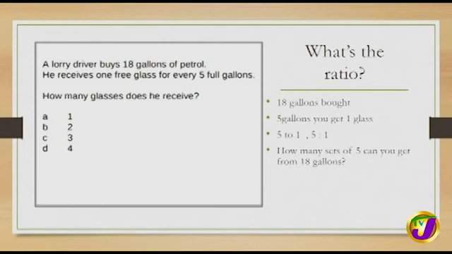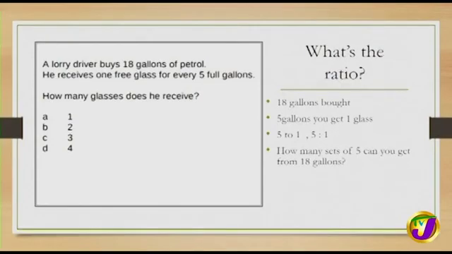I know you got this. You divide 5 into 18, you get 3, with extra gallons left over. 3 times 5 is 15, so you have 3 extra gallons, but if you buy 3 gallons you don't get any glass, so we don't bother with that. So now we know we have 3 sets of 5 gallons out of the 18 gallons.